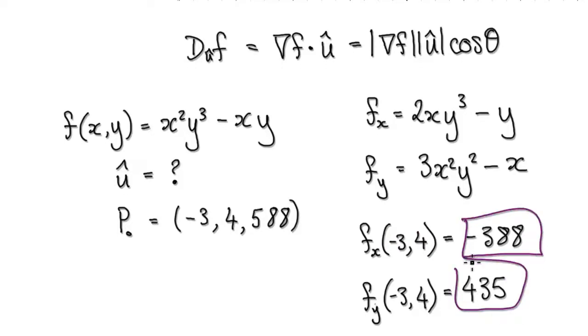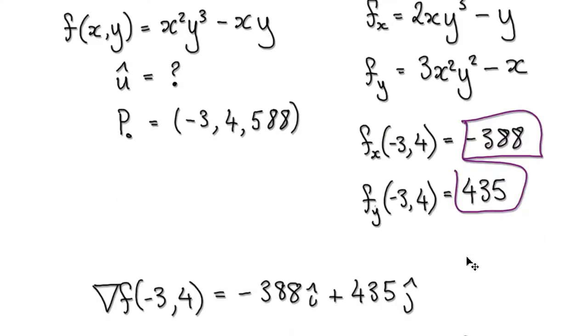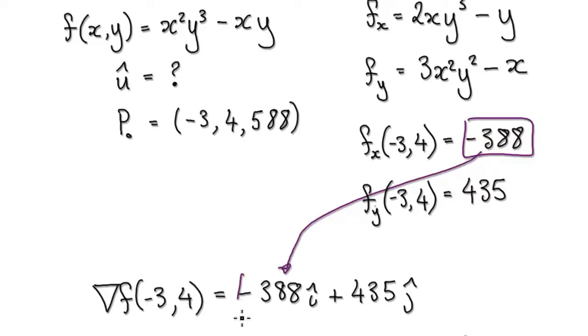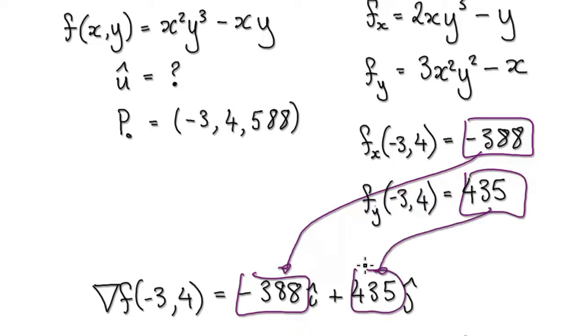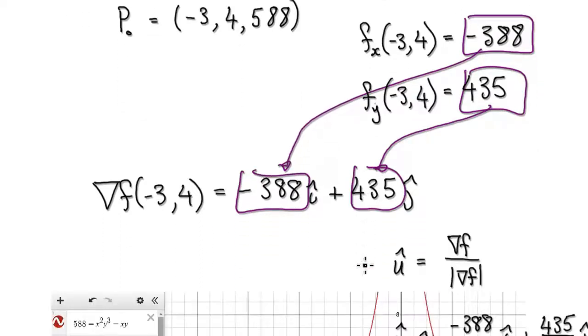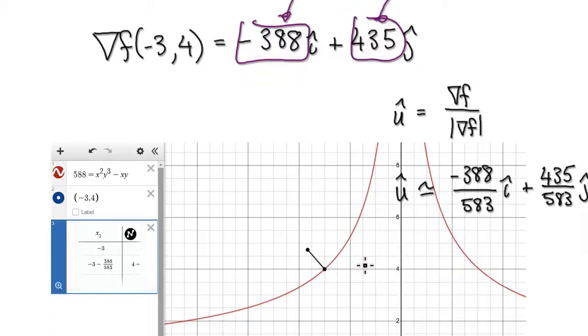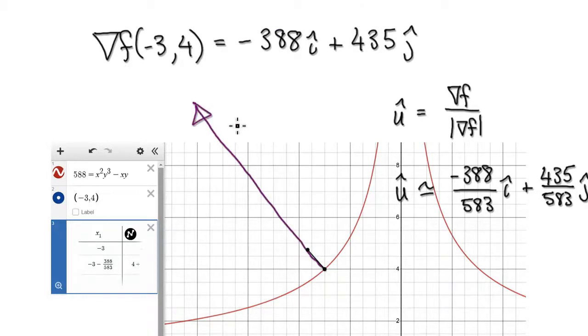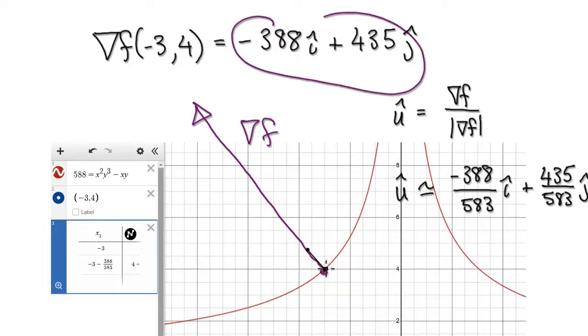So the gradient vector is given by this thing here and this thing here. This is our gradient vector, but we want the unit vector. At the moment this gradient vector specifies this vector here, but we want the unit vector.